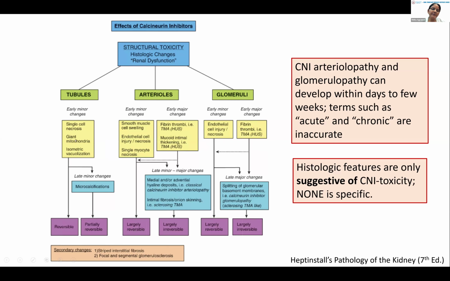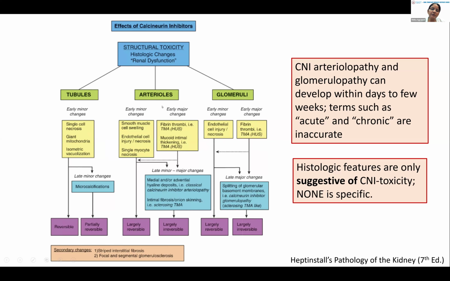It may produce giant mitochondria and isometric vacuolization of the tubular cells, basically the proximal tubular epithelial cells. And the late minor changes may be microcalcifications. When these occur, that is isometric vacuolization, these are all reversible. But as the later changes come in, like microcalcification, they are partially reversible when we are talking of tubules.